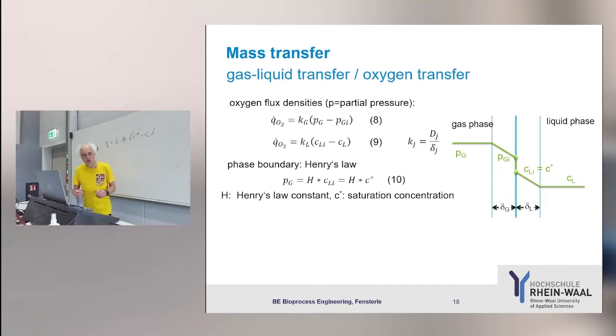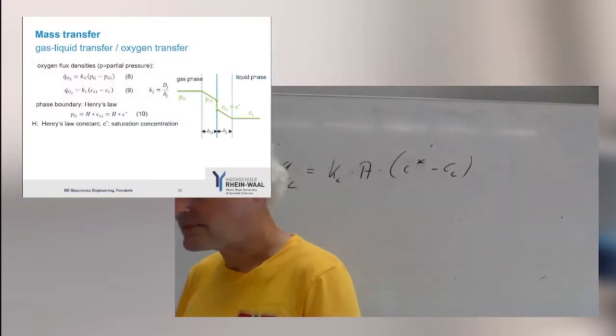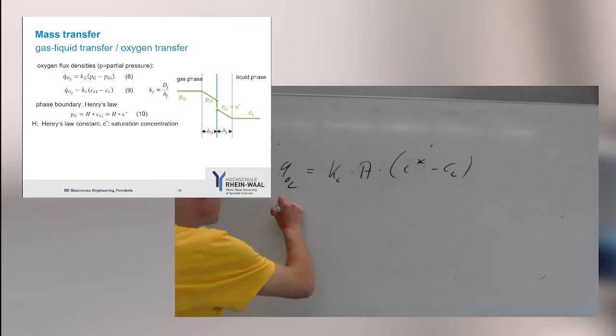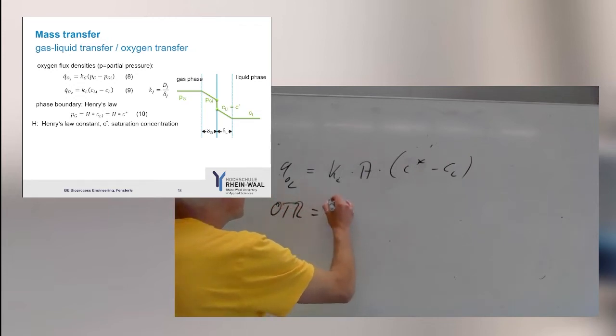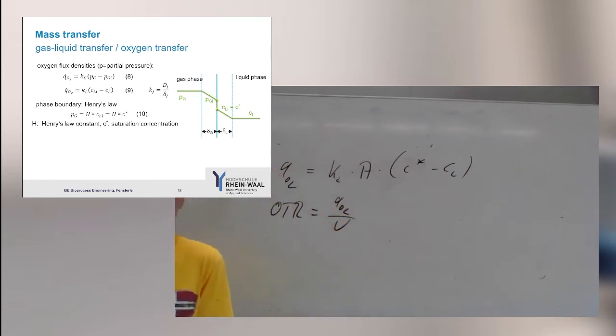Okay, so just going back to this, and then we can say, okay, if I normalize that to the volume, I have my oxygen transfer rate because this is reasonable. So my oxygen transfer rate is my oxygen flux divided by the volume. This is the oxygen transfer rate. And I do that in order to make that comparable.